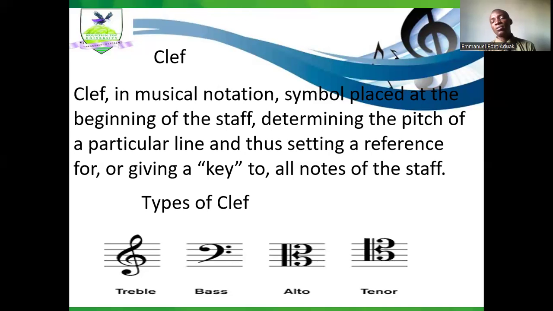It tells you what type of staff you are dealing with, then what letter name is applicable to that staff. Then it will tell you the different pitch you should expect in that staff. It is very, very important. Now let's look at the types of clef we have.